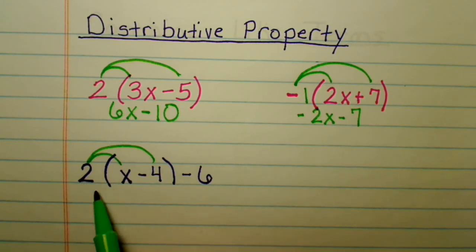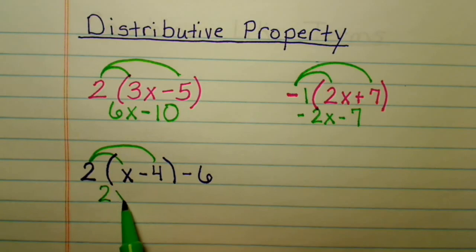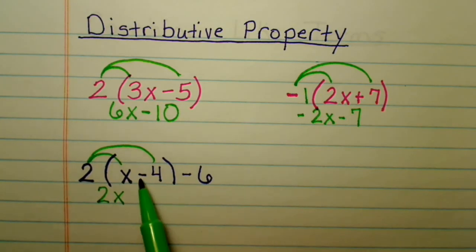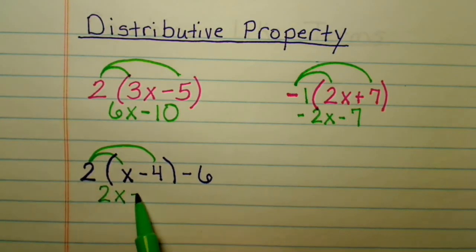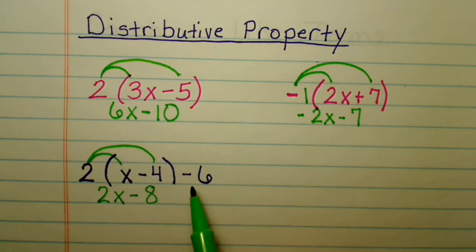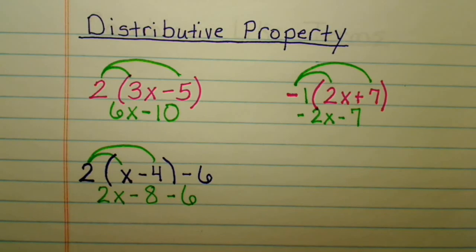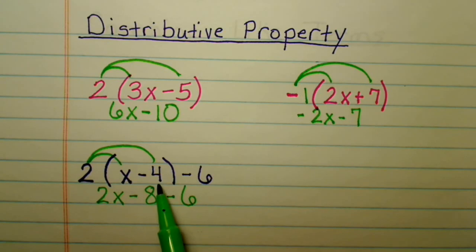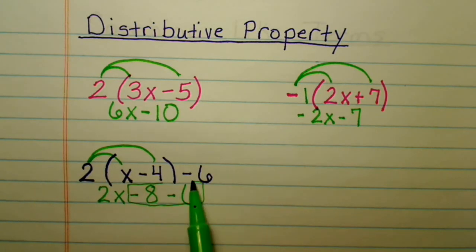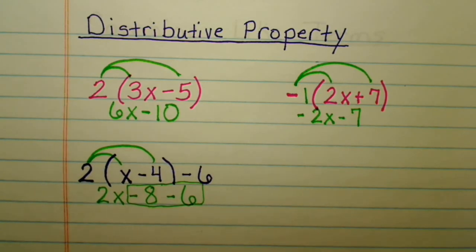So 2 times x, 2x, 2 times the minus 4 would give you a minus 8, and in this, you're just going to bring down the minus 6. Now the next step we're going to go into is going to be combining like terms. This right here is kind of an example of that, because these both, we want to combine those.